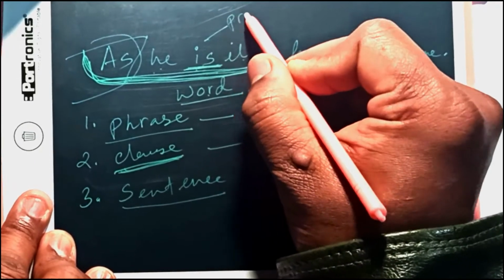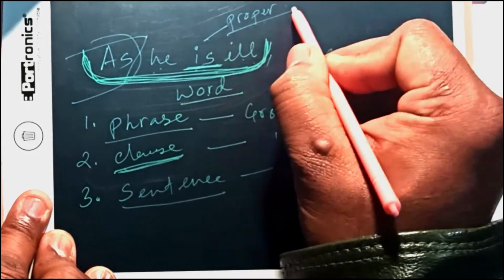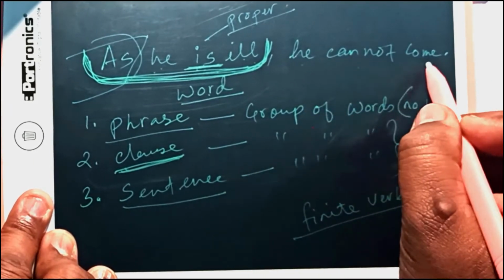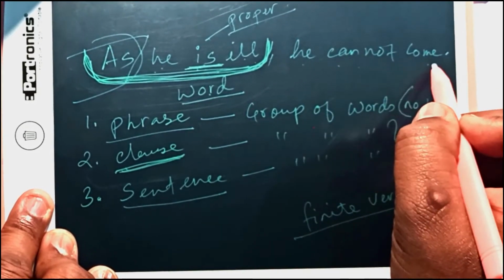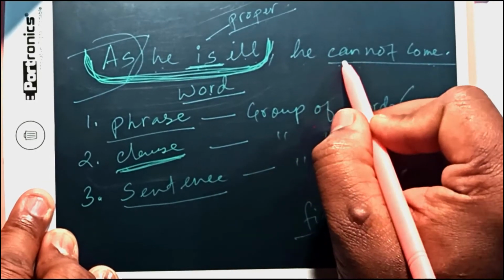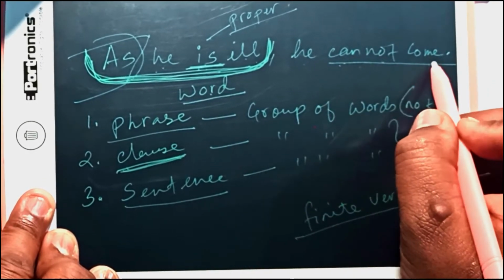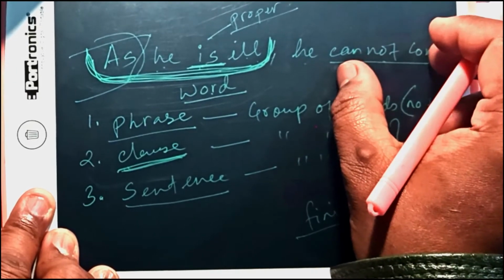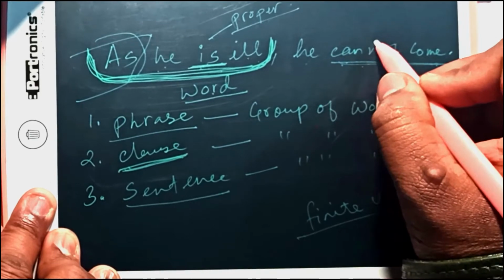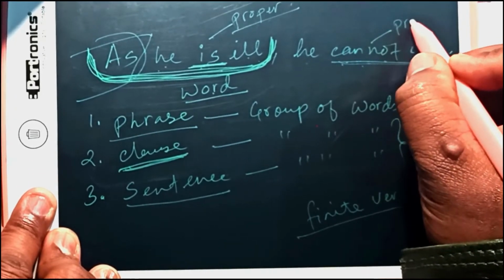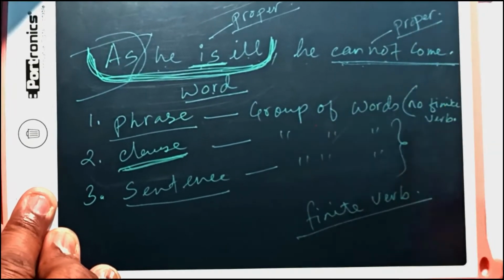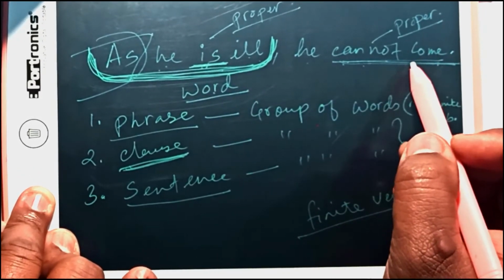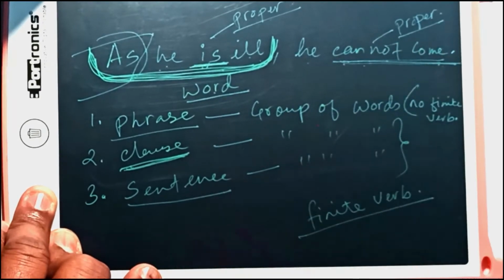We have a proper tense, which means we will call it a finite verb. Here also, he cannot come. Can, negative not, cannot come. This is our verb formation. So this is also a proper form of verb formation. So any regular or proper form of verb formation in a sentence is our finite verb.